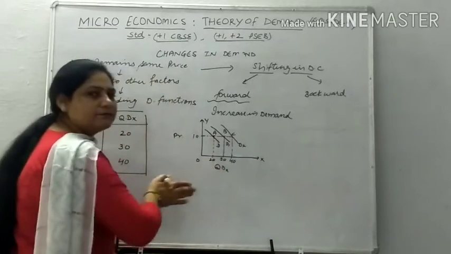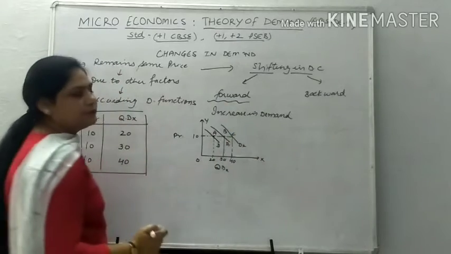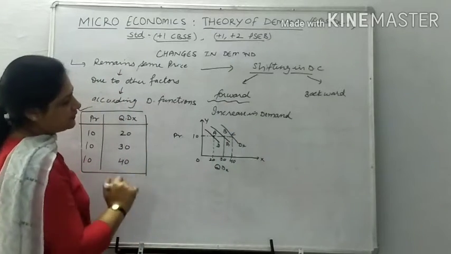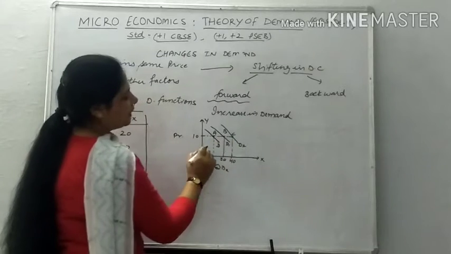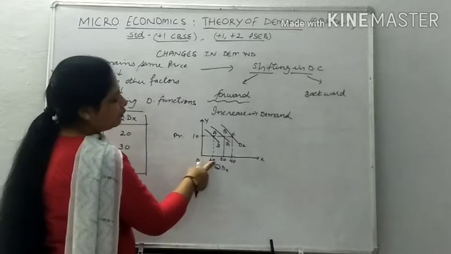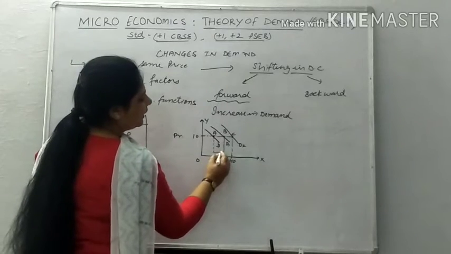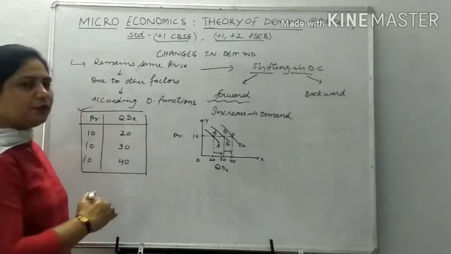I am making some extension in this axis. A, B, C are such points which indicate price is same but quantity is getting increased at the same price.